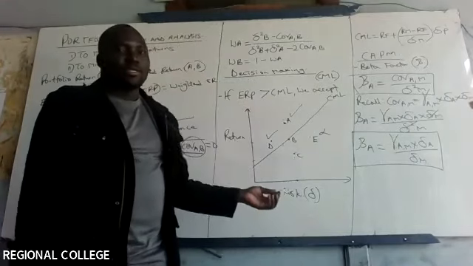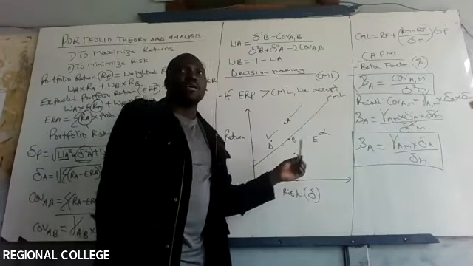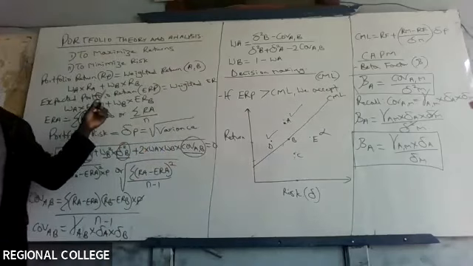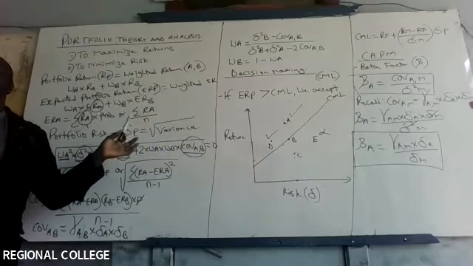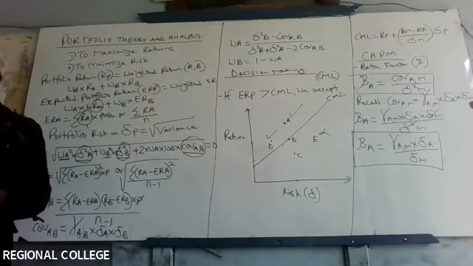So the two formulas will help me get the beta of security A and the beta of security B. When I bring them together, it becomes the portfolio.